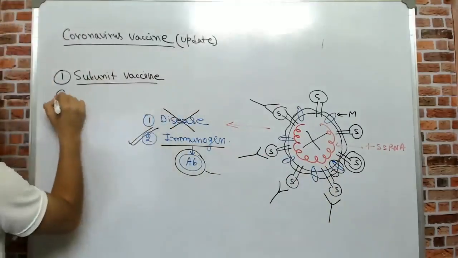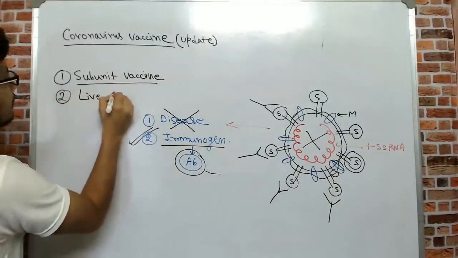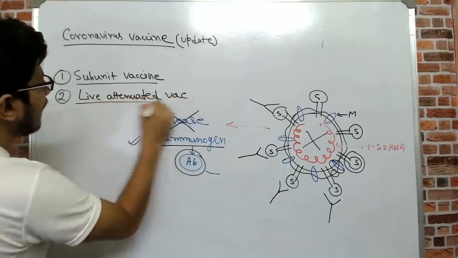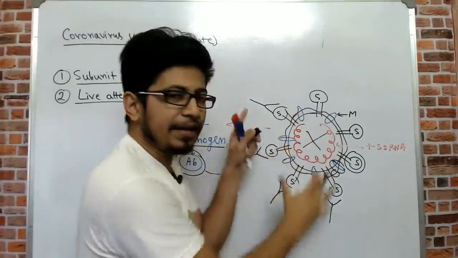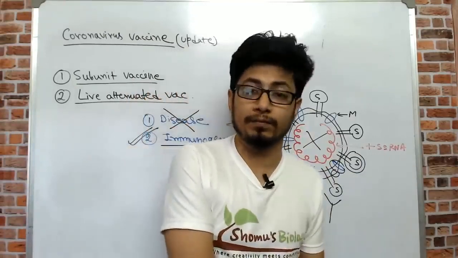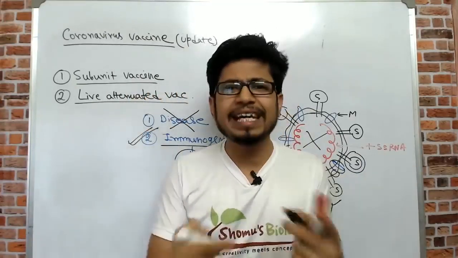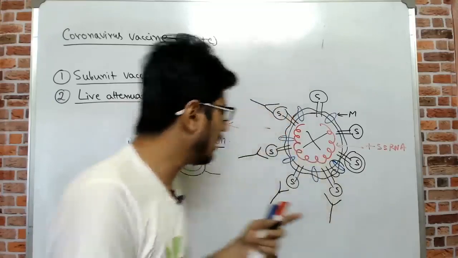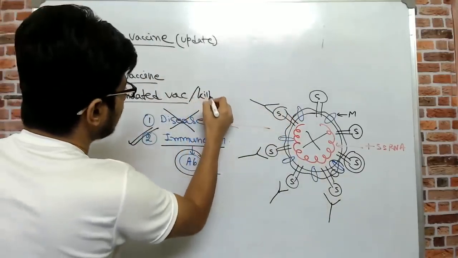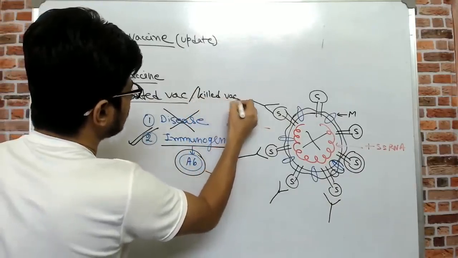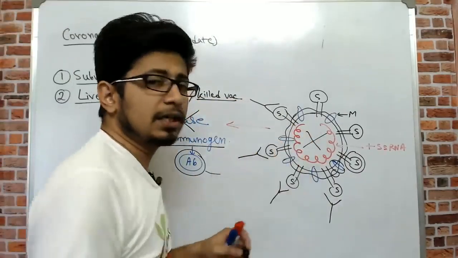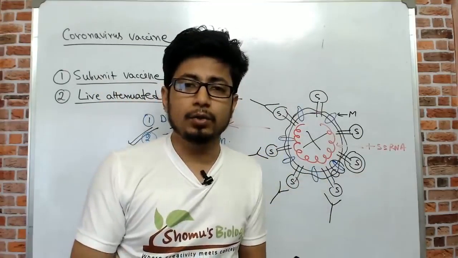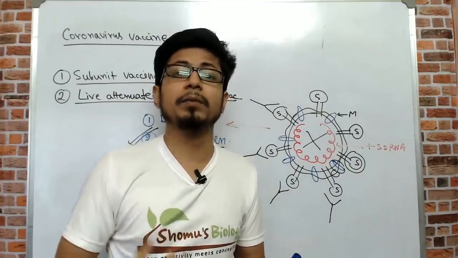Other than that, we can produce a live attenuated vaccine. What is a live attenuated vaccine? It's taking the live virus in attenuated form, which we can also call a killed vaccine. I can write it as killed form of vaccine, which is very rare though, where we kill this virus but the proteins that are present there still have the property to influence our immunity to generate antibody.